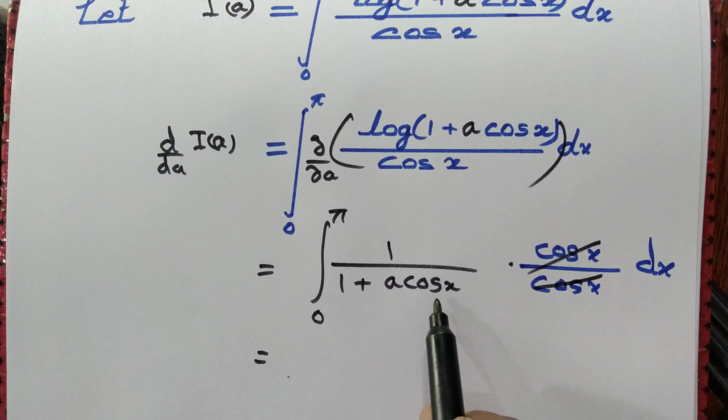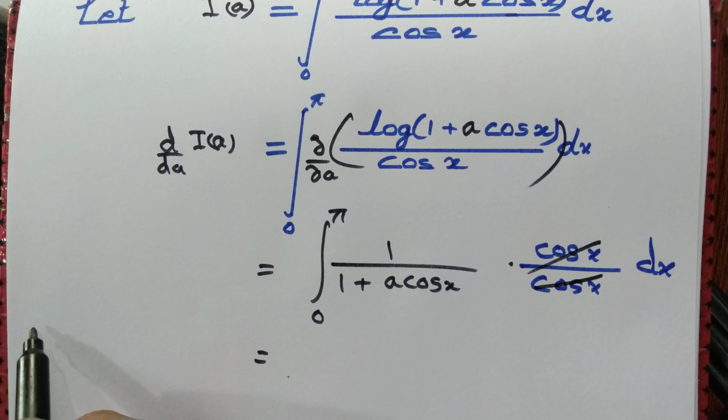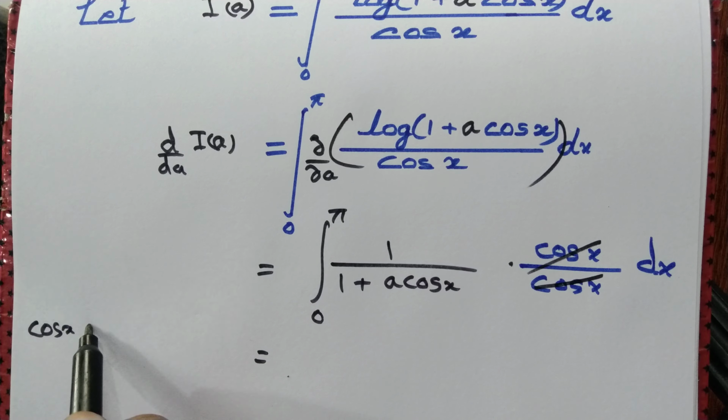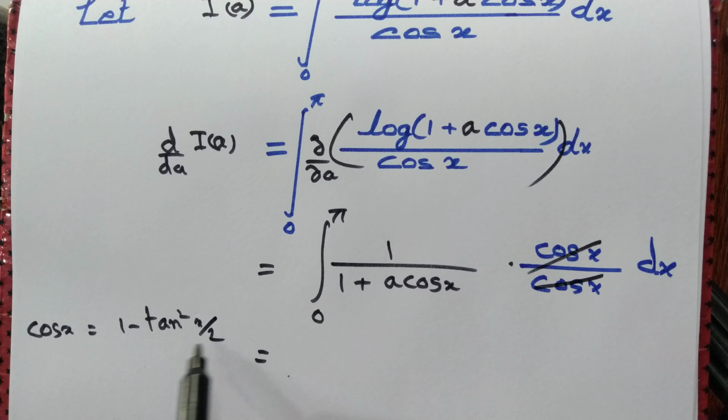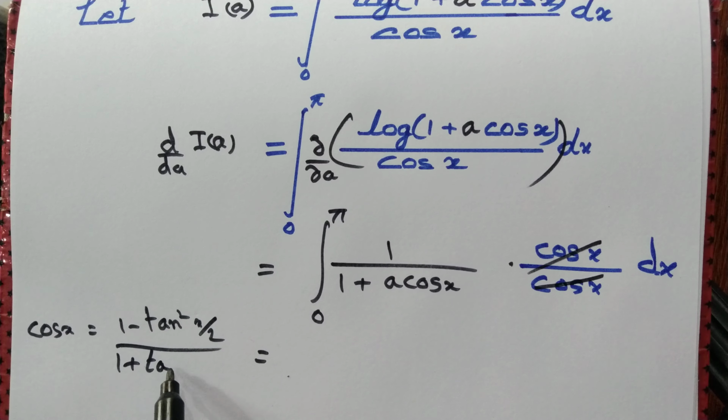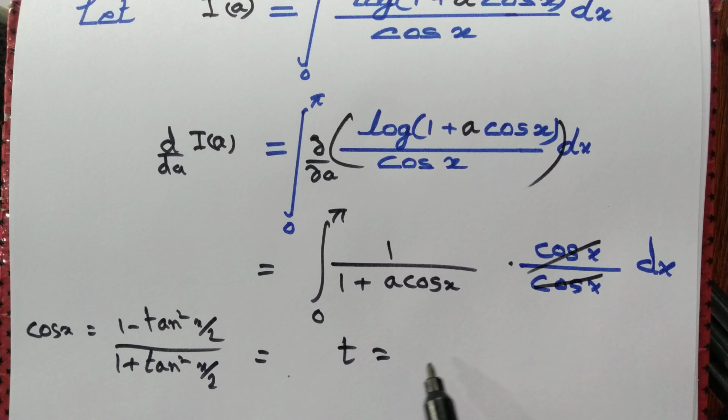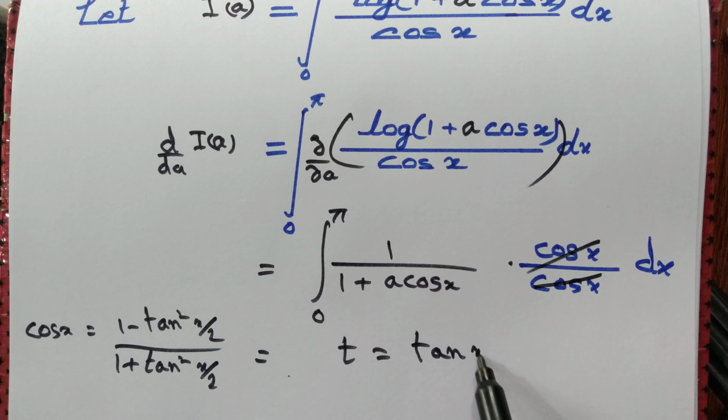Now, how do we integrate such an expression? We know that cos x equals (1 - tan² x/2) divided by (1 + tan² x/2). So we let t equal tan x/2 and differentiate both sides with respect to x.